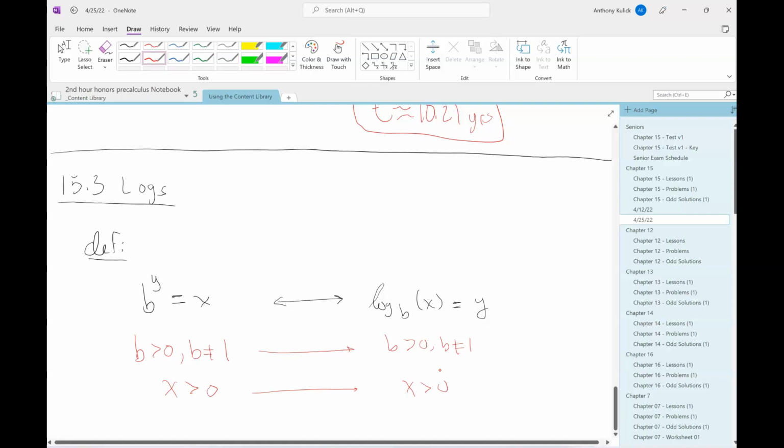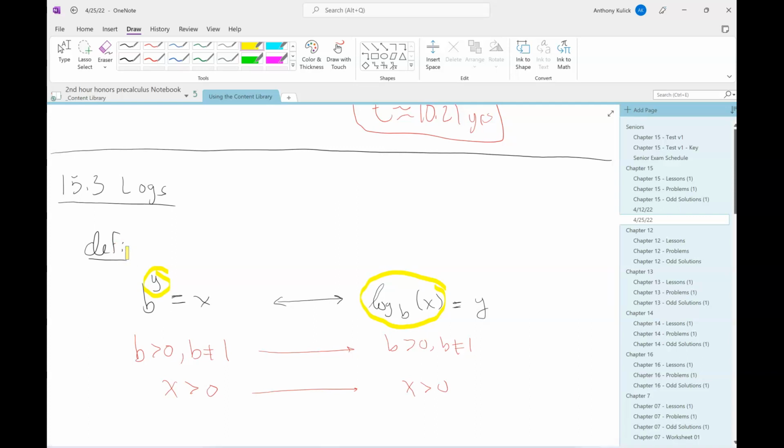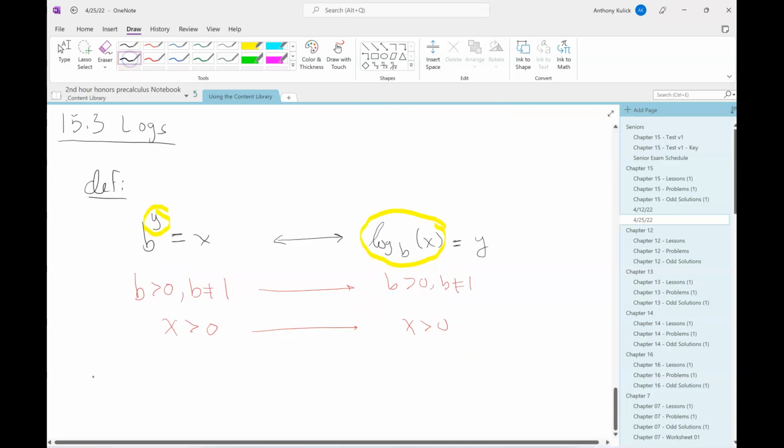But let's just take a moment and look at this definition and see what it's really saying. So this logarithm is really the answer to an exponential equation, right? So for example, if I say like 2 to what power is equal to 7?